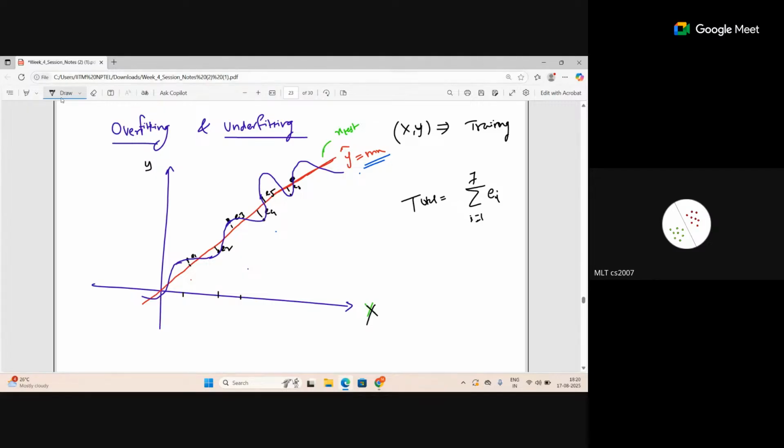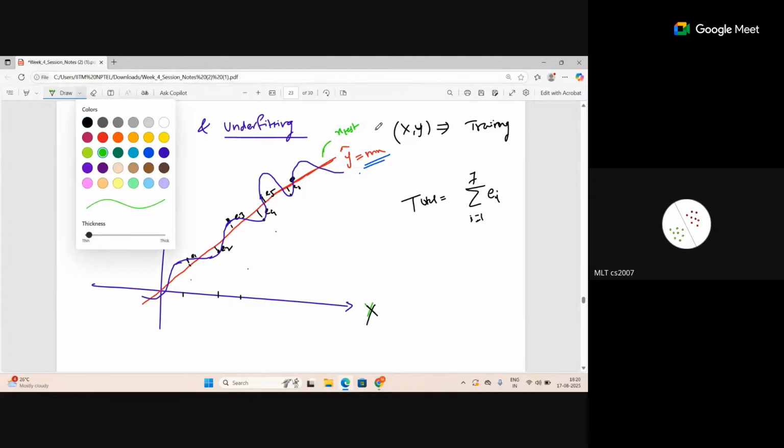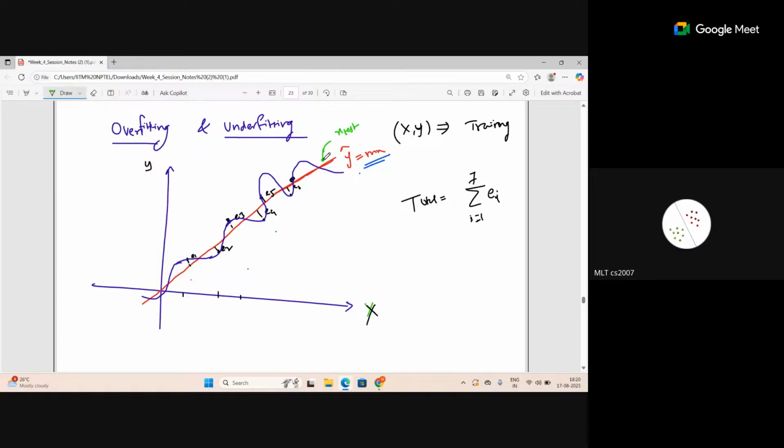For this data point, the blue data point, which is x test, if I wanted to predict using the blue model, the prediction for this point will be here, right? What is the error here? This is the error, right?